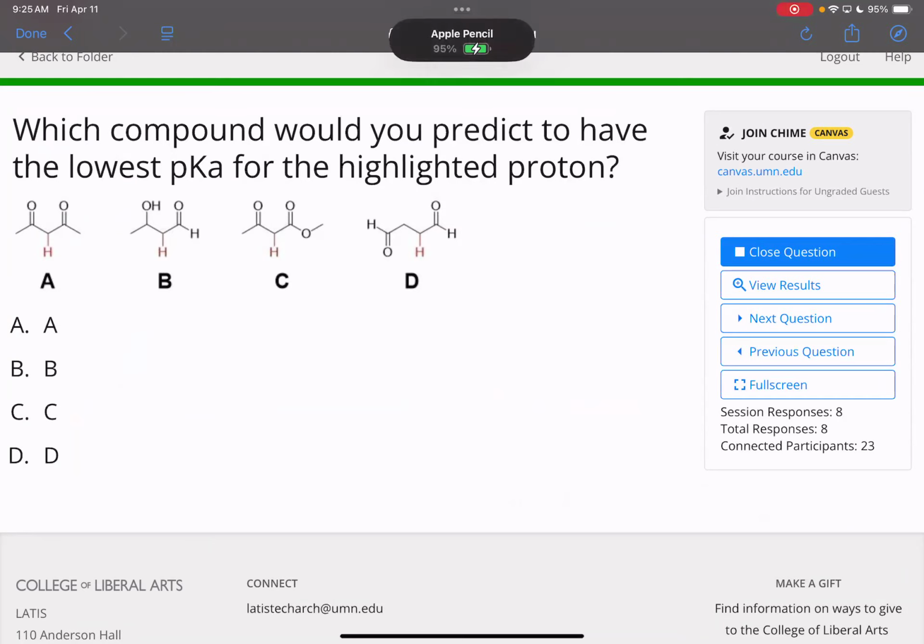So again, there's lots of different ways we could ask this question, right? So make sure you read questions carefully. In this case, it's asking for the lowest pKa. We could have asked for the highest pKa. We could have asked for the more acidic or the least acidic or the most stable conjugate base or the less stable conjugate base. All of those questions are asking the same thing, okay? So in this case, the lowest pKa. So feel free to chat with your neighbors, see if you are getting the same answer.